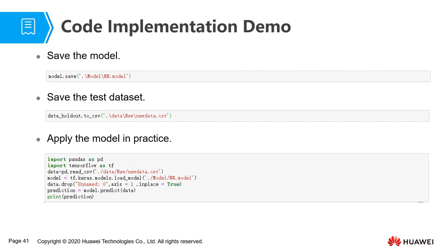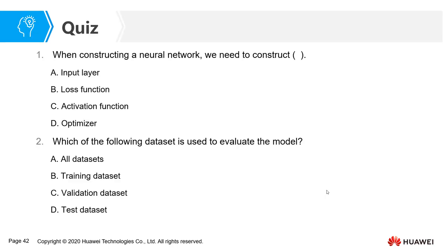Now, let's take a look at some questions to consolidate what we have learned in this section. Question 1. When constructing a neural network, we need to construct the input layer, loss function, activation function, and optimizer. These need to be constructed by ourselves. Therefore, the answer to this question is ABCD.